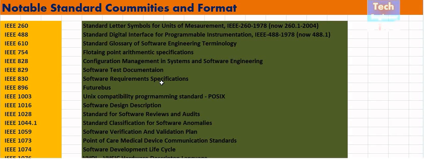IEEE 830 is for software requirement specification. IEEE 896 is for Futurebus. IEEE 1003 is the Unix compatibility programming standard, POSIX.